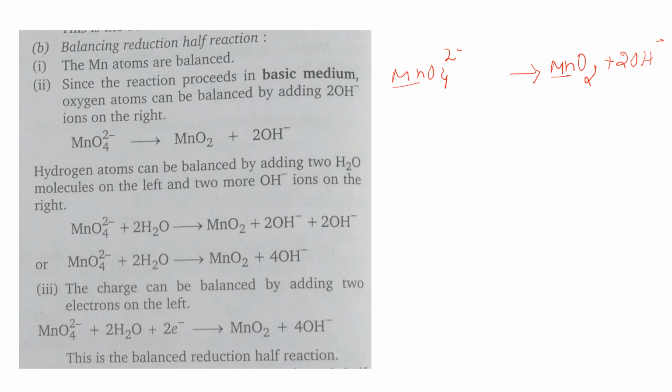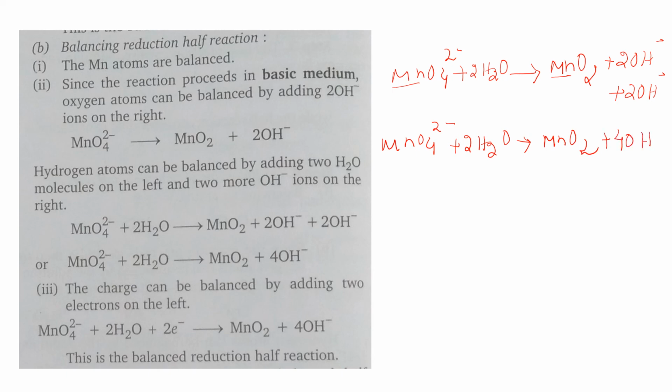Now, as I have added 2 OH minus, 2 hydrogen atoms are extra in the right hand side. So, in the left hand side, I have to add 2 H2O. As I have added 2 H2O in the left hand side, again I have to add 2 OH minus in the right hand side.